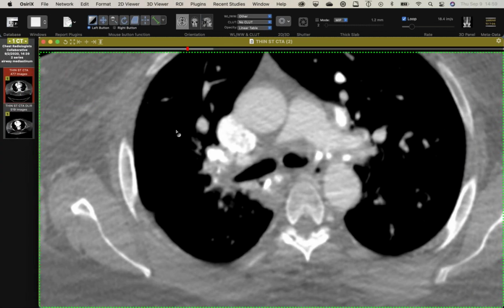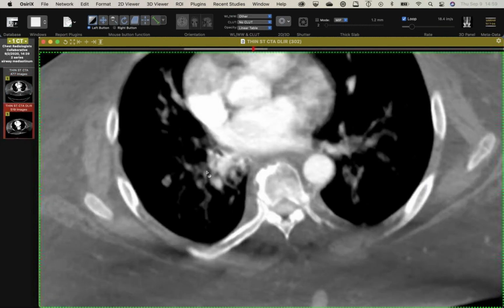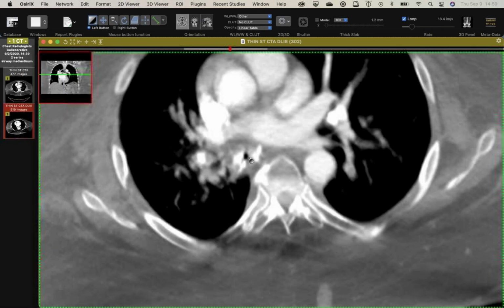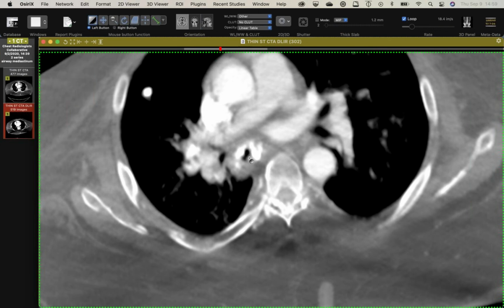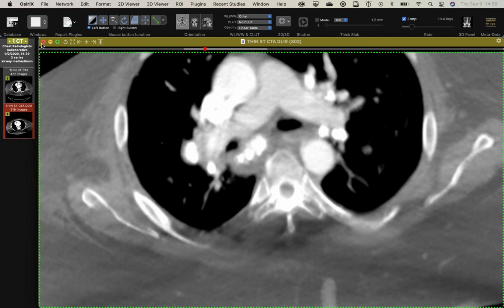It's not doing anything, and these scans are at least a couple of years apart. What caught my eye was that gas in a lymph node, because I'm not used to seeing that in sarcoid at all. I've only seen it once with TB, and it was a bunch of nodes, but I haven't seen it with anything else.